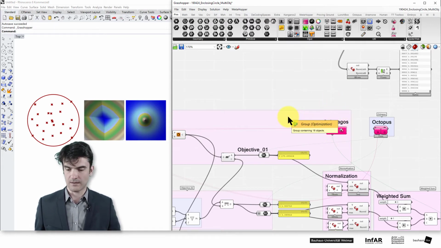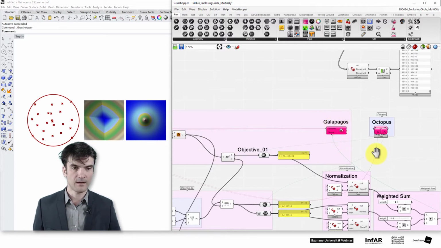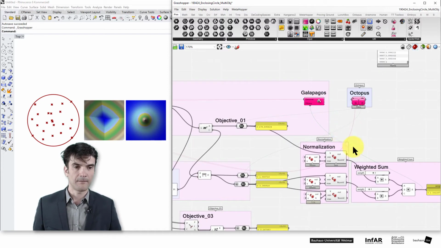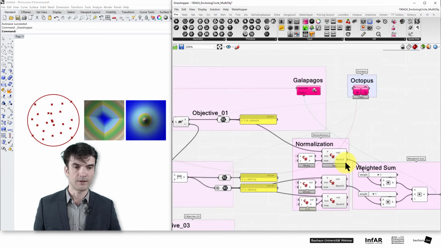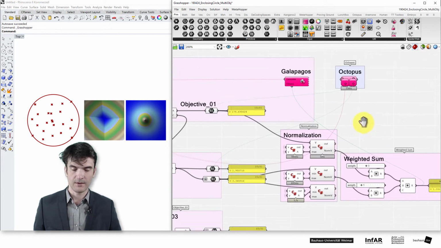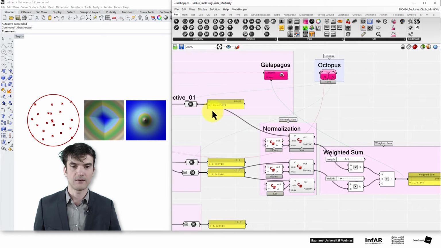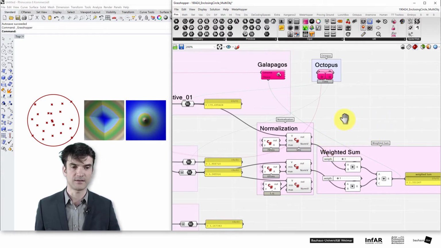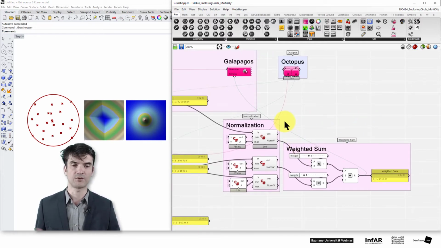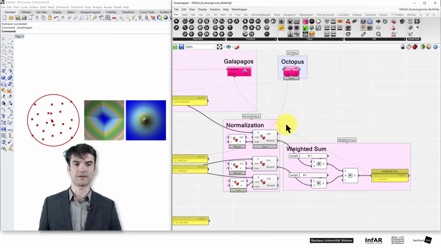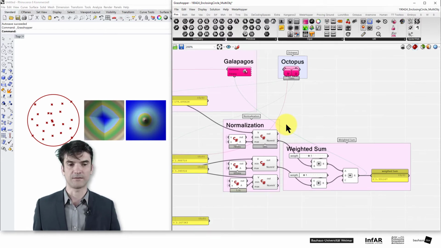And in this example, we use the preference-based optimization method for a multi-objective problem. Here you see the Galapagos optimizer. Here we normalize all the objective values that we want to put together into a weighted sum function, or into a function to compute the weighted sum for all the objectives.